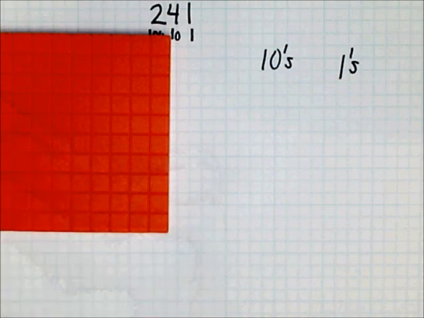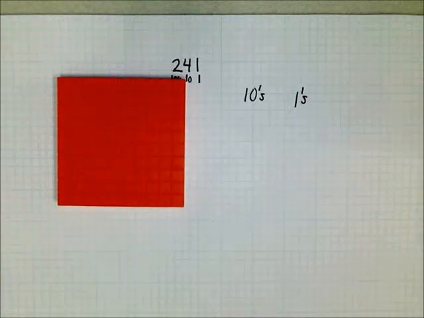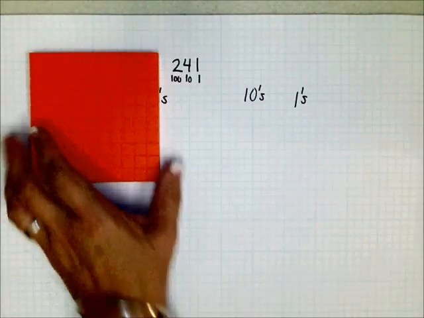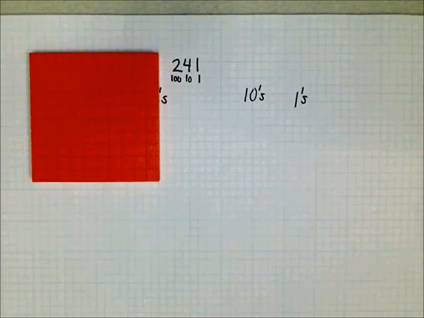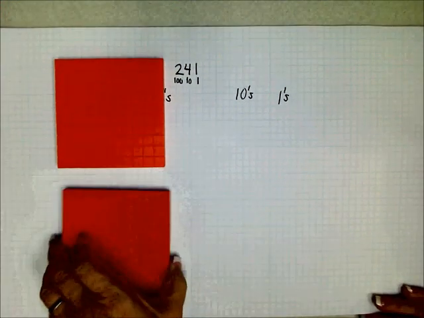Okay, let's zoom out here just a little bit. So we're going to take 2 hundreds. There we go, that's easier, I believe. Okay, 2 hundreds.